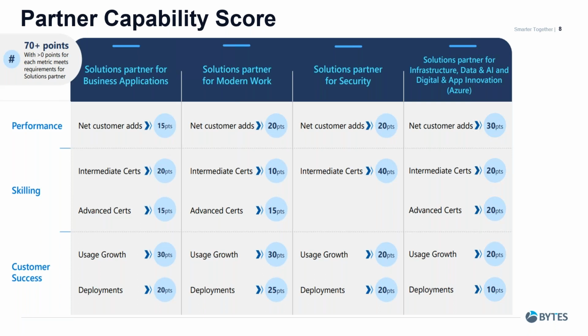Another interesting one is the solutions partner for modern work, which is probably the easier one for partners to get, because it's the condensing of 6 accreditations down to 1. In the intermediate sets, the M365 900 actually counts. So the Microsoft Fundamentals does count as an intermediate set. That could be a very quick win for a lot of partners on the call.